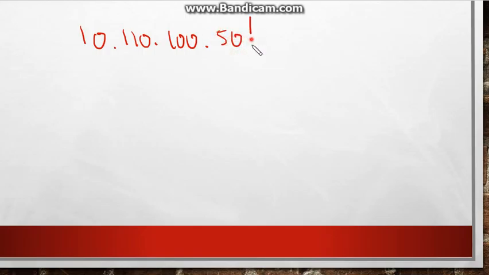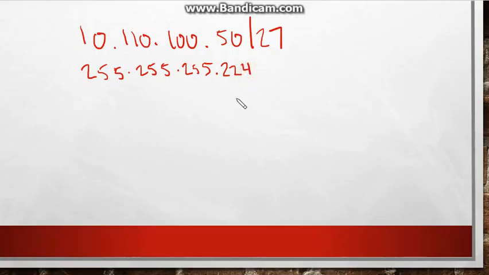All right, let's do one more, and we'll start with a Class A again: 10.110.100.50, with a /27. So it's 255.255.255, and what is that, 3 bits? 3 bits again is a 224. We just had this 224 in our previous example, so we know that our rotator is 32.